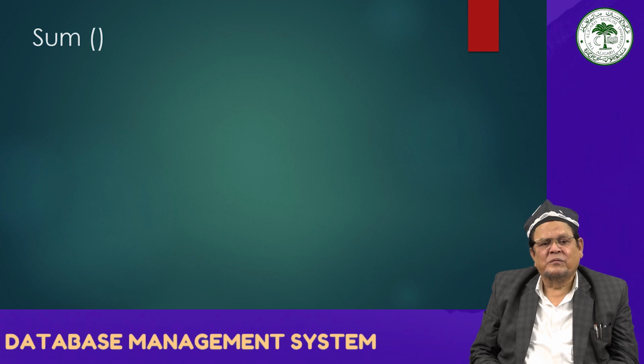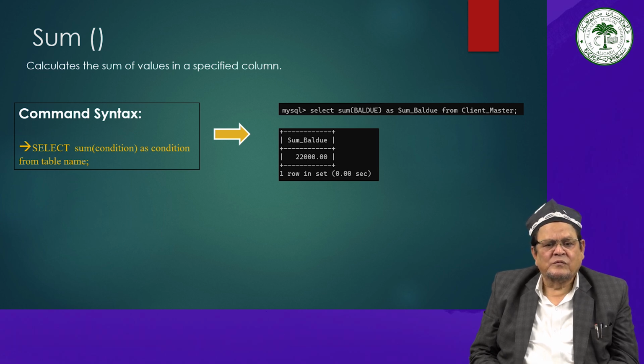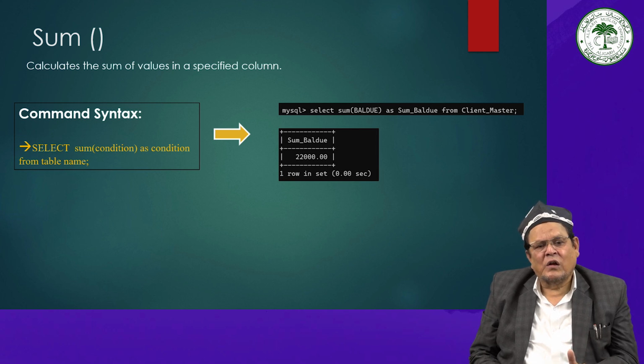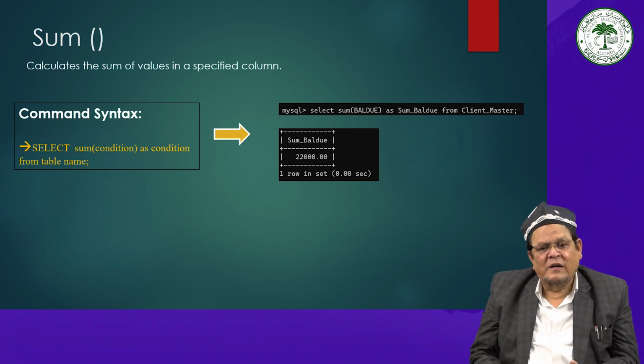Next is sum. Sum calculates the sum of values in a specified column. Suppose you want to add some values. Here, in this example, in the client master, I have used balance due. You want to know what is the sum of the values in balance due. So how do you write?